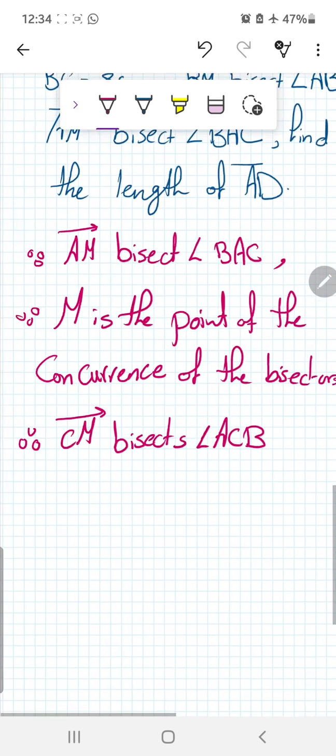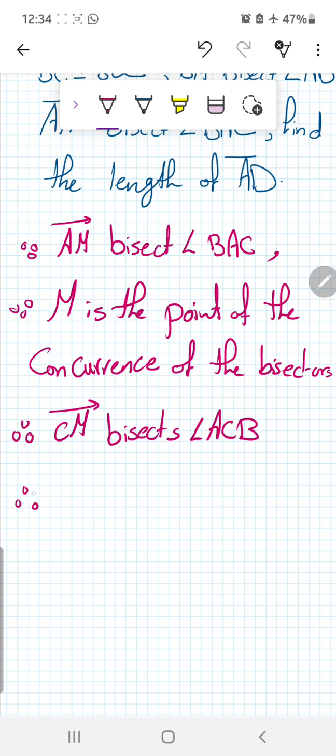So we have the ratios. Therefore, as we said, write AD over DB equals AC over CB.